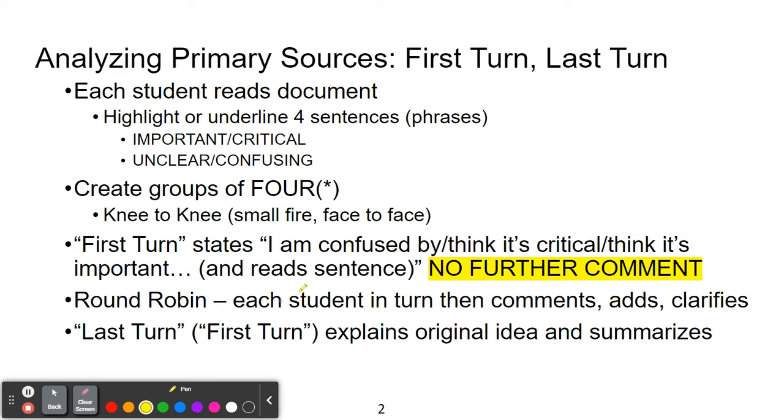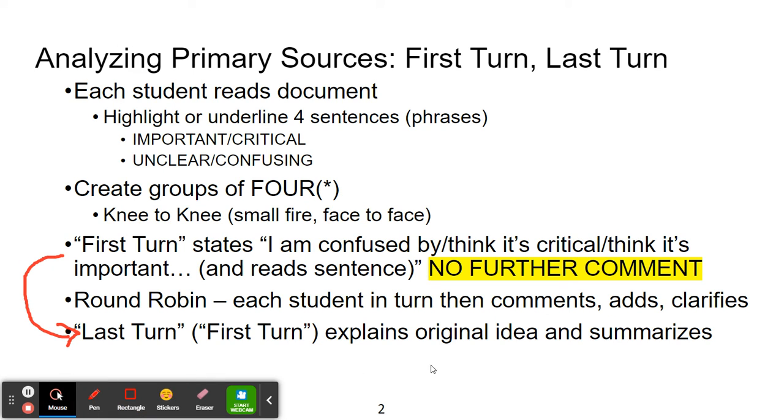The rest of the group focuses on that same sentence or phrase in round robin with comments, additions, clarifications, definitions, and then the first turn person becomes the last turn person to summarize what the group has said and explain their original understanding of the sentence, or to clarify if they are no longer confused.